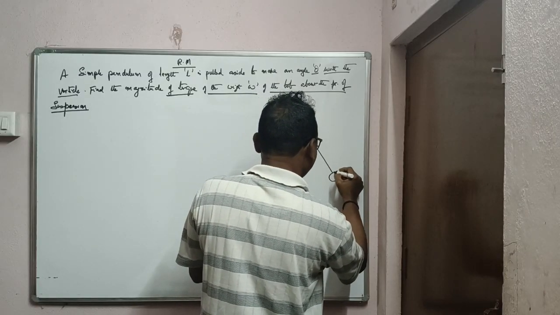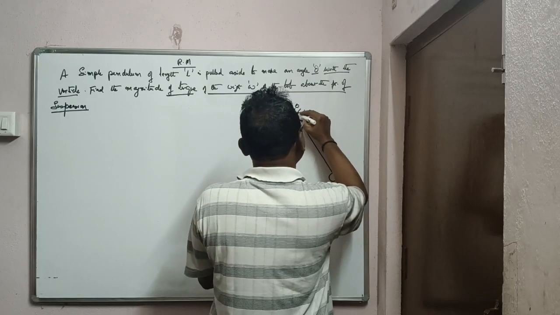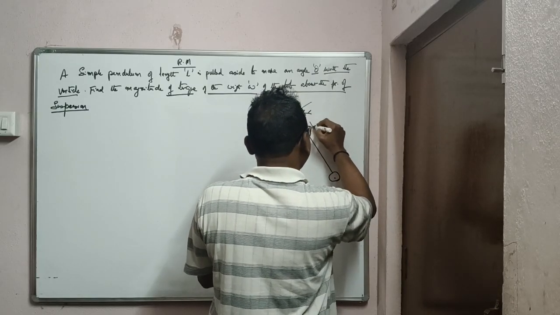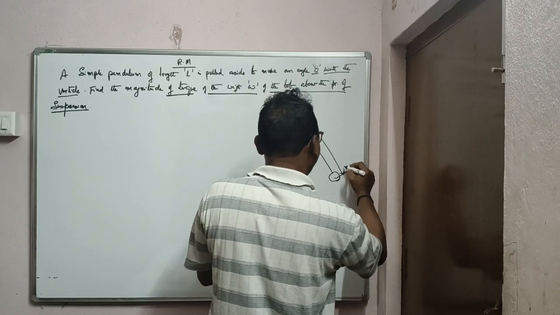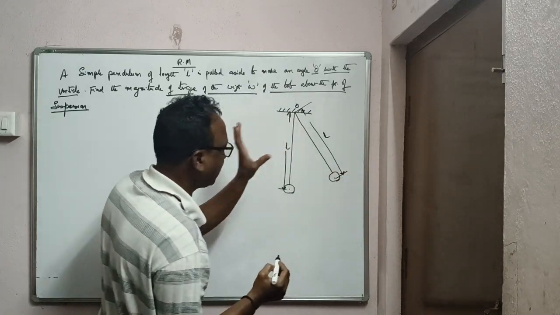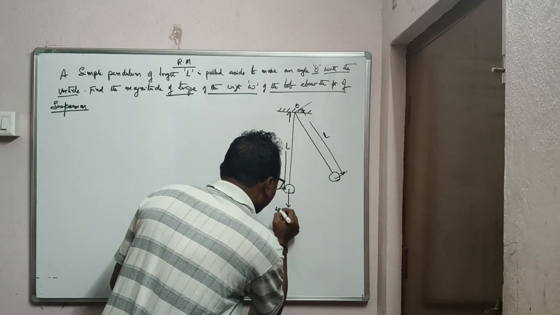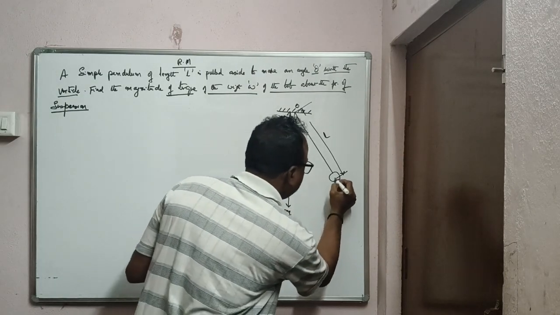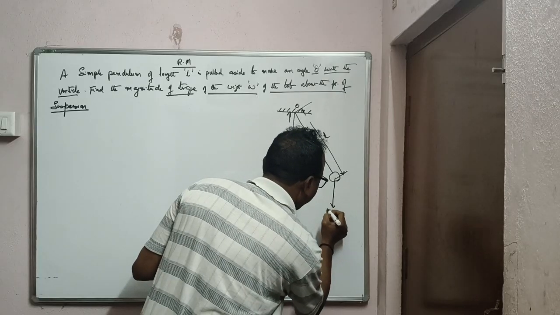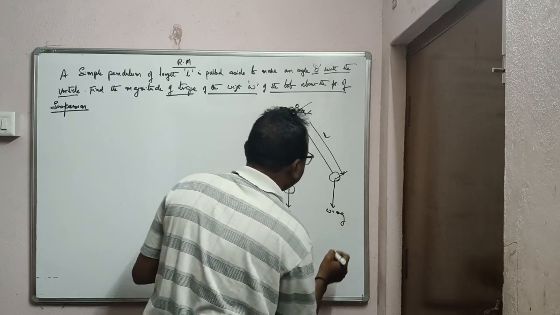Now this is the weight acting downward. Of course W is equal to mg.